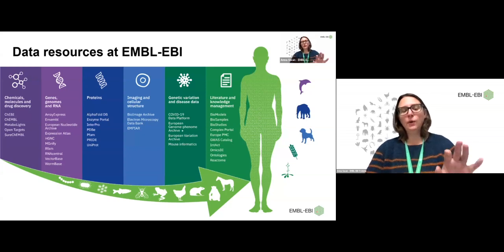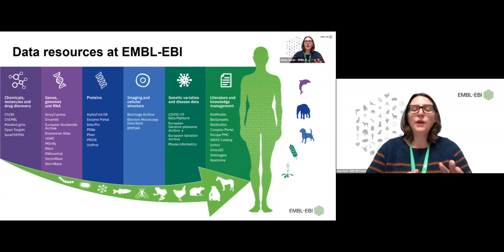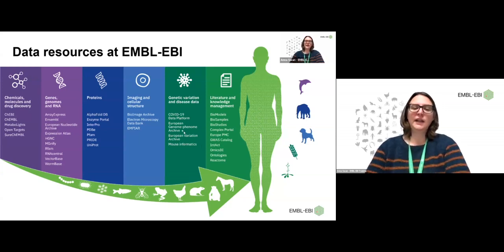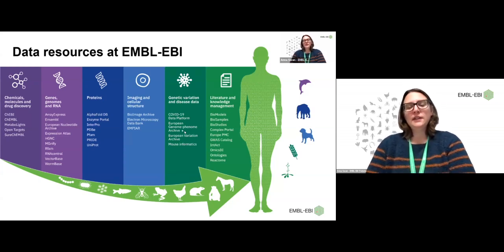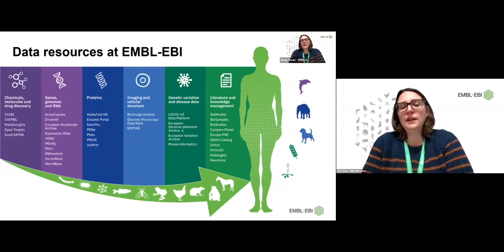And importantly, all of these data resources are completely open. So you can go to the resource's website and search the data straight away, just jump straight in. And there's one exception to this. And this is the one that I've starred here, the European Genome-phenome Archive. Now, there's an exception for this one because it has what we call sensitive data.